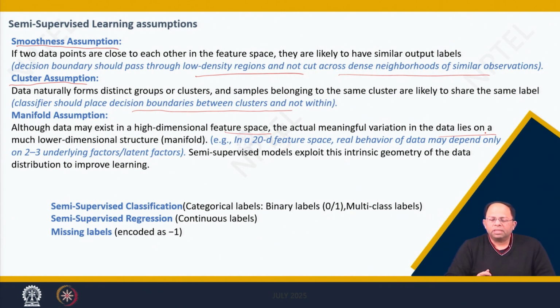Suppose there are 20 features in the feature space, but the real behavior of the data depends on only 2-3 underlying or latent factors. We have discussed the latent factors concept earlier, where some of the factors are totally irrelevant, and other factors have collinearity between them.